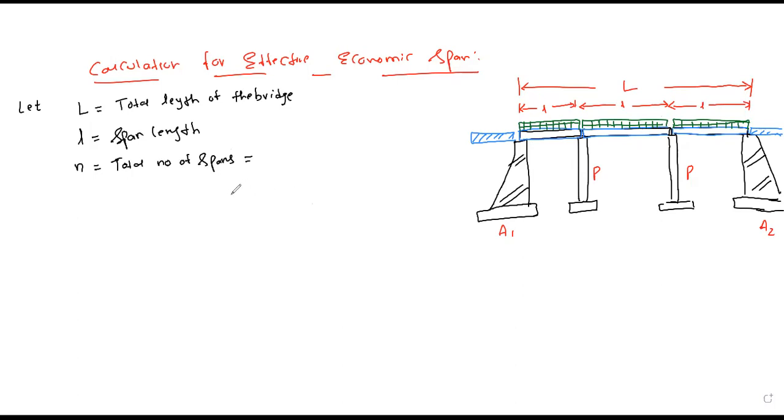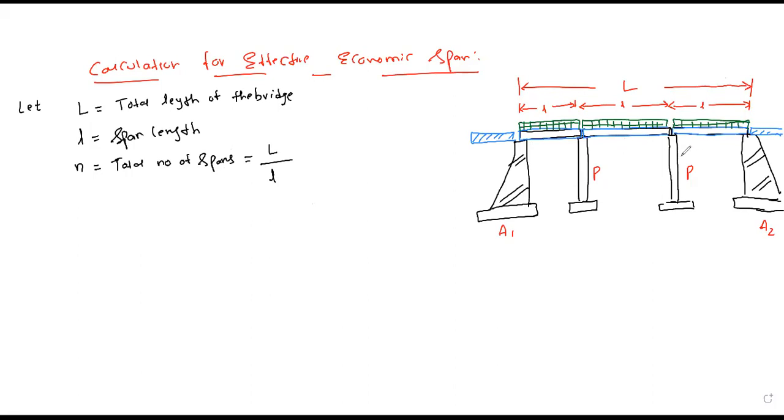How to calculate the total number of spans? The total length of the bridge divided by each span length will give the total number of spans, isn't it?